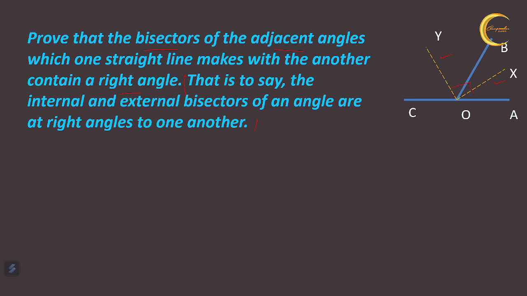Now come to the proof. You see here, these two angles AOB and BOC, this total angle equals 180 degrees. So we write angle AOB plus angle COB equals 180 degrees. Now we have to prove that angle XOB plus angle BOY equals 90 degrees.